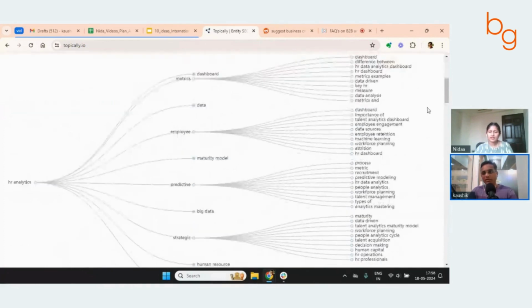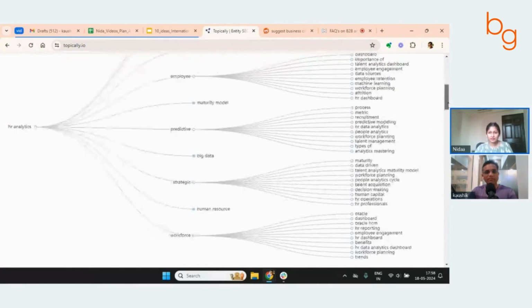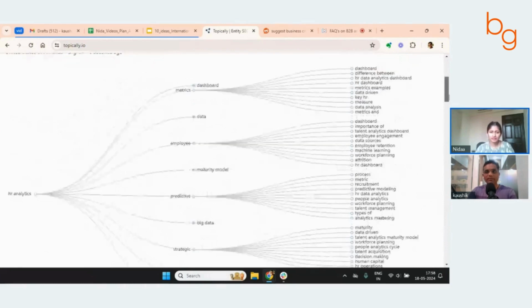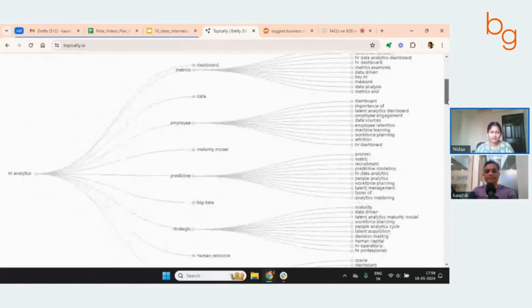What do you think? Is this something which is useful? Yeah, I mean, it's not just giving you the trends and putting a number in front of every keyword, the rate of searching and everything. It's giving you buckets, a lot of things to look at.